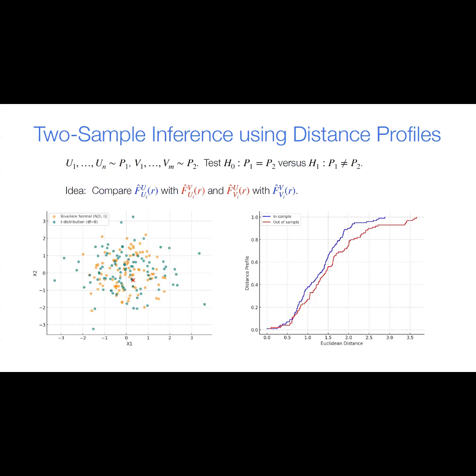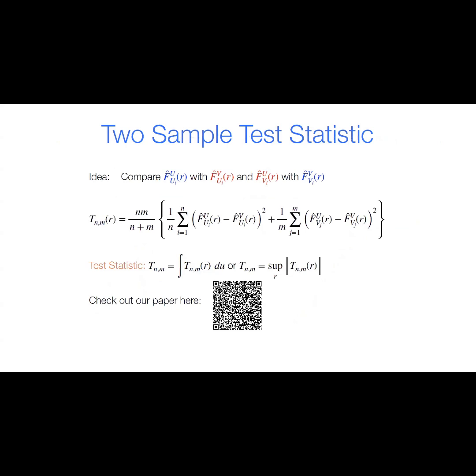And that's what we will use for constructing the two-sample test. So the idea is that for every point, Ui and Vj, you will look at the difference between their in-sample and out-of-sample distance profiles and just aggregate that information. So here TNM is just the aggregated difference between these, like the difference between the in-sample distance profile of Ui versus its out-of-sample distance profile, and similarly for Vj.